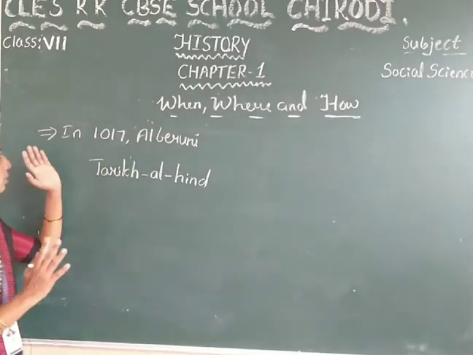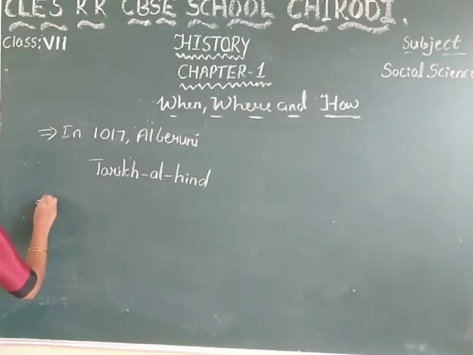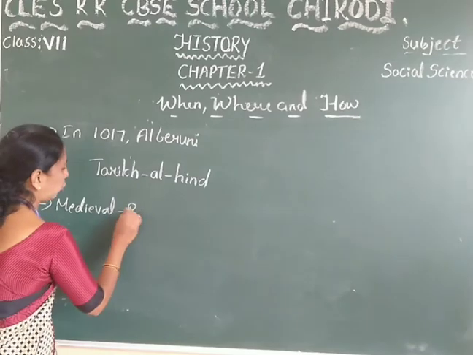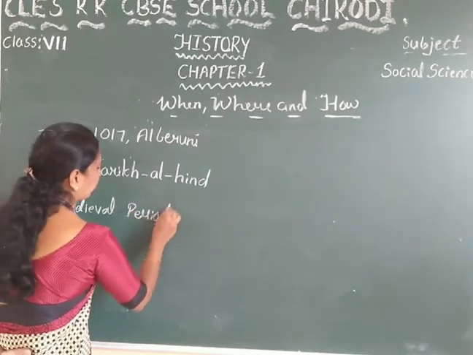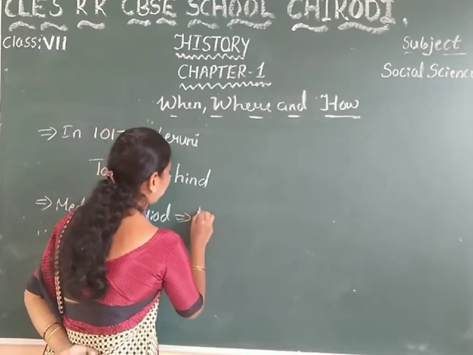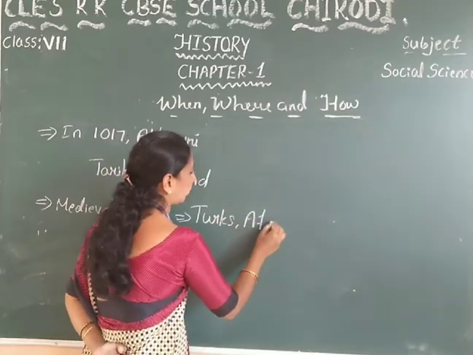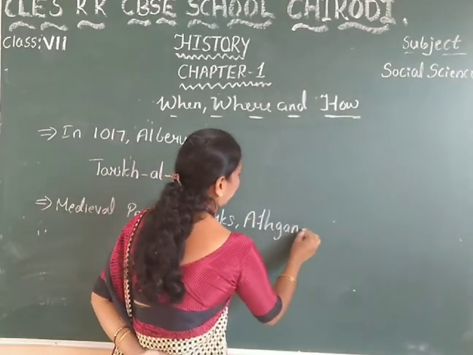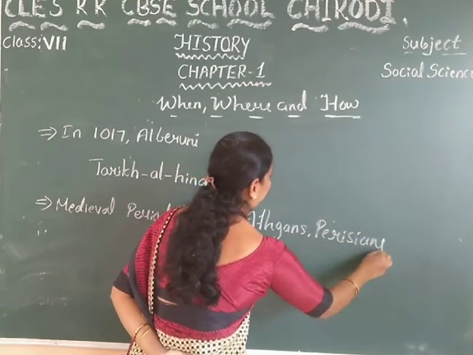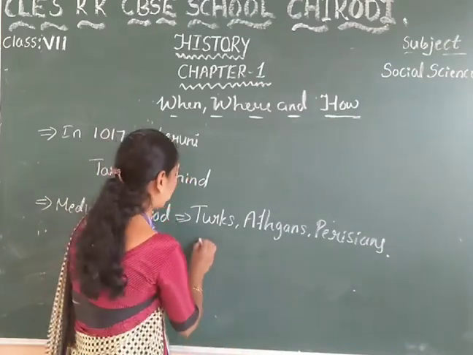That is Al-Biruni. And in the medieval period, see here, some rulers ruled: Turks, Afghans, Persians, and Arabs also.